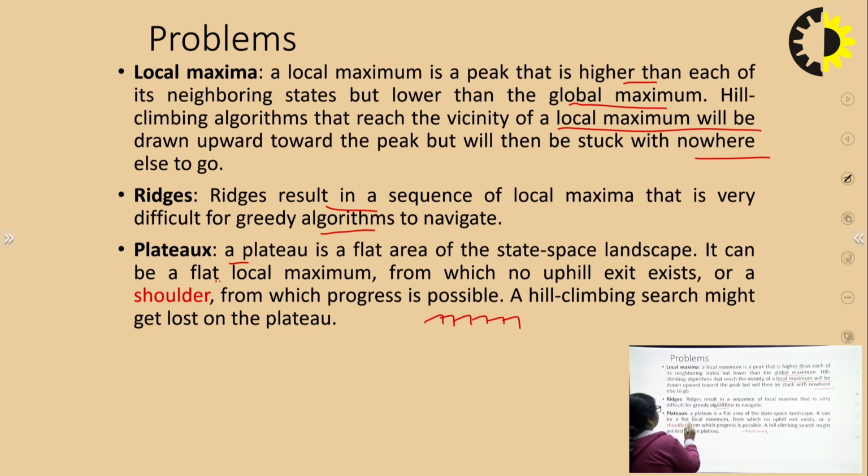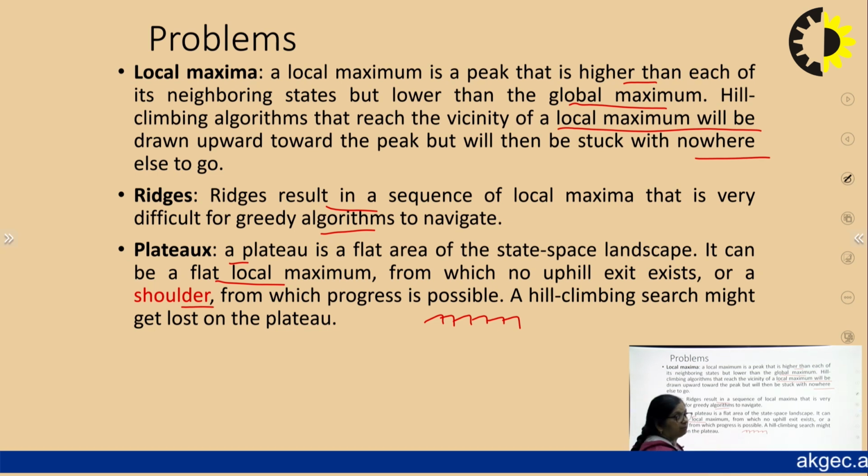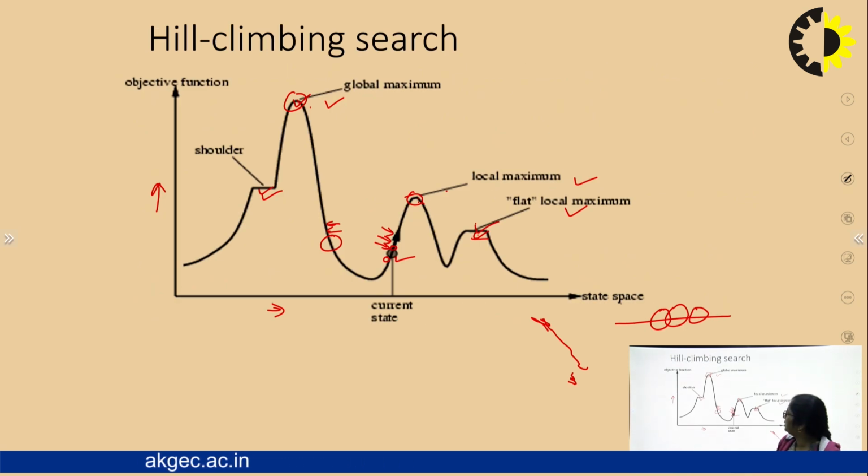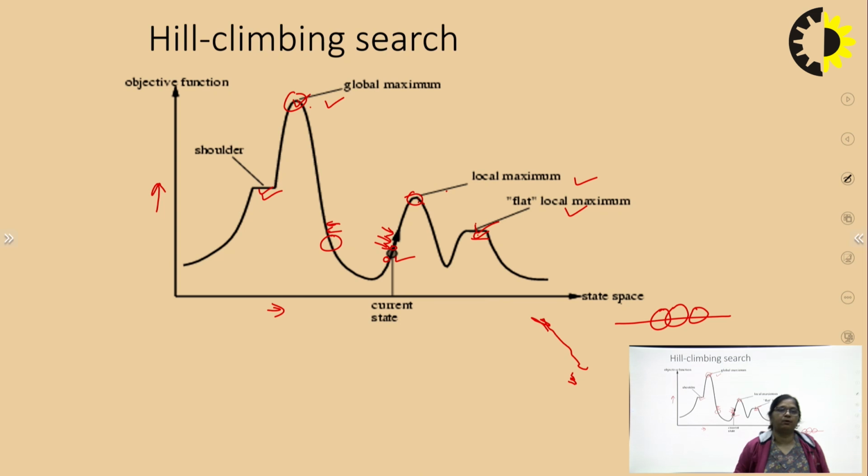It can be a flat local maxima or it can be a shoulder, from which progress is possible, but we are not progressing. We are able to see the shoulder problem. On one side of the shoulder, there is a lower objective function, meaning poor solutions, but on the other side there are better solutions, but we are not able to navigate. Those are the problems with hill climbing search.